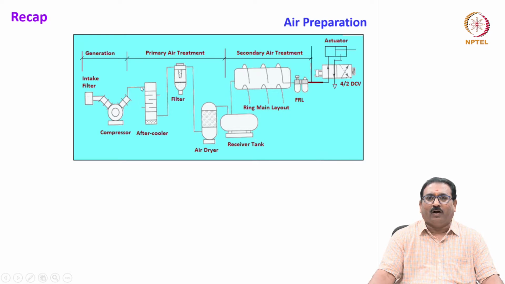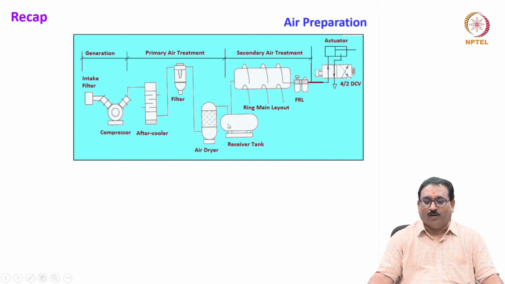So the hot air should be cooled using the after coolers and also filtered, and then during the cooling stage moisture vapors will enter the air. Then we require the air dryers. Then it will go to the receiver tank. The receiver tank contains the required quantity of air with required pressure.